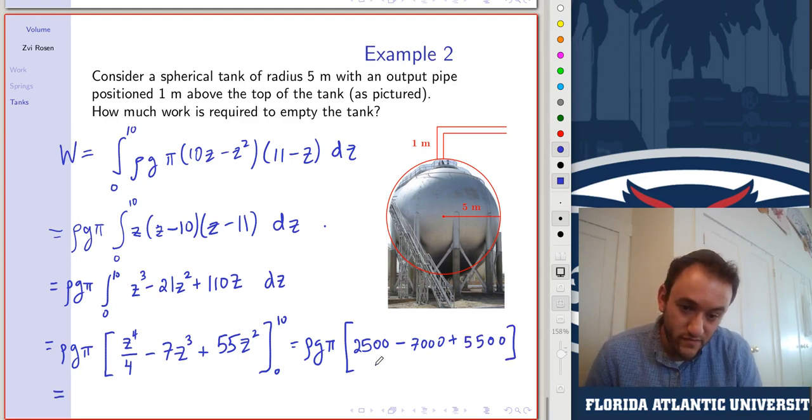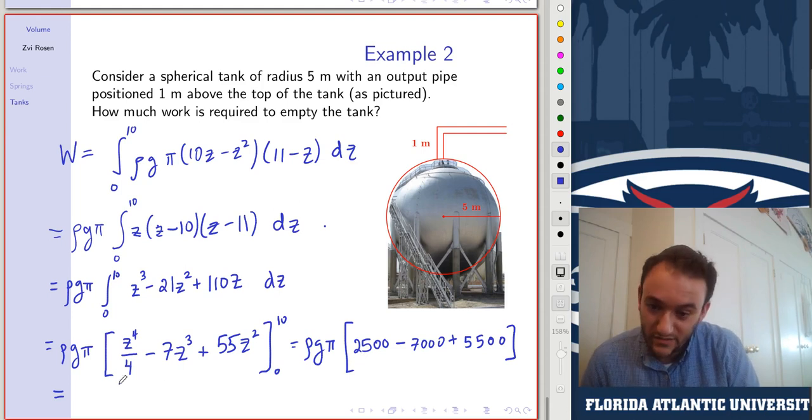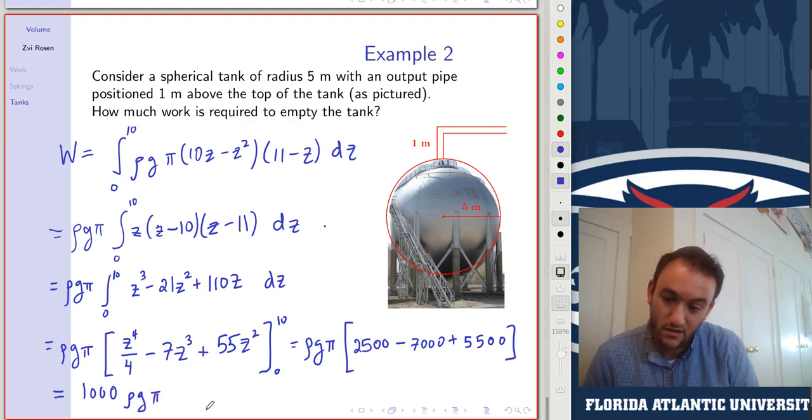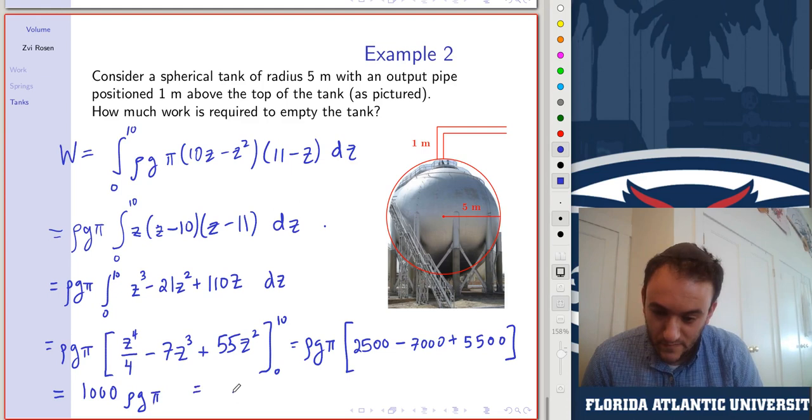So we have 8,000 minus 7,000, which is 1,000 rho g pi.